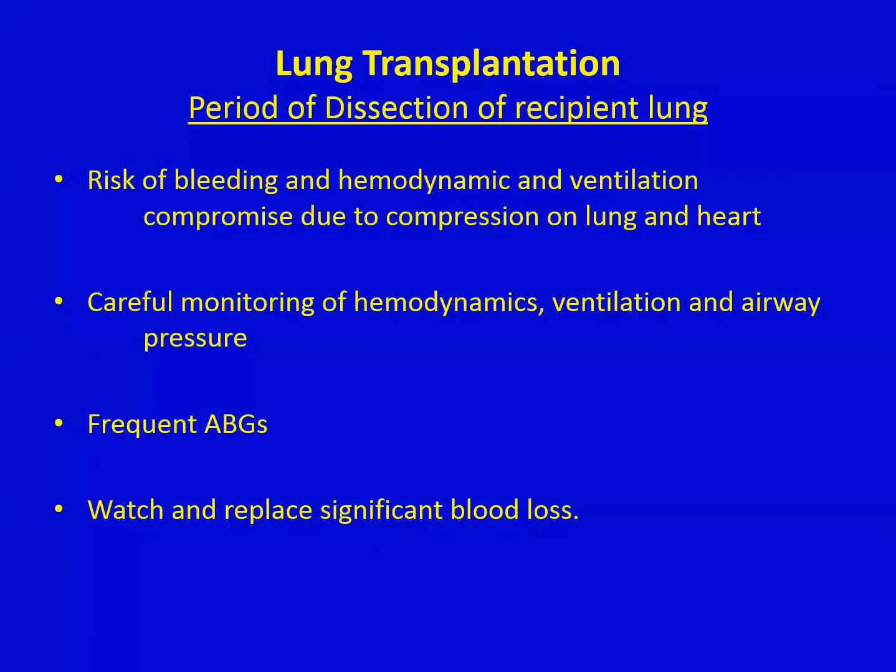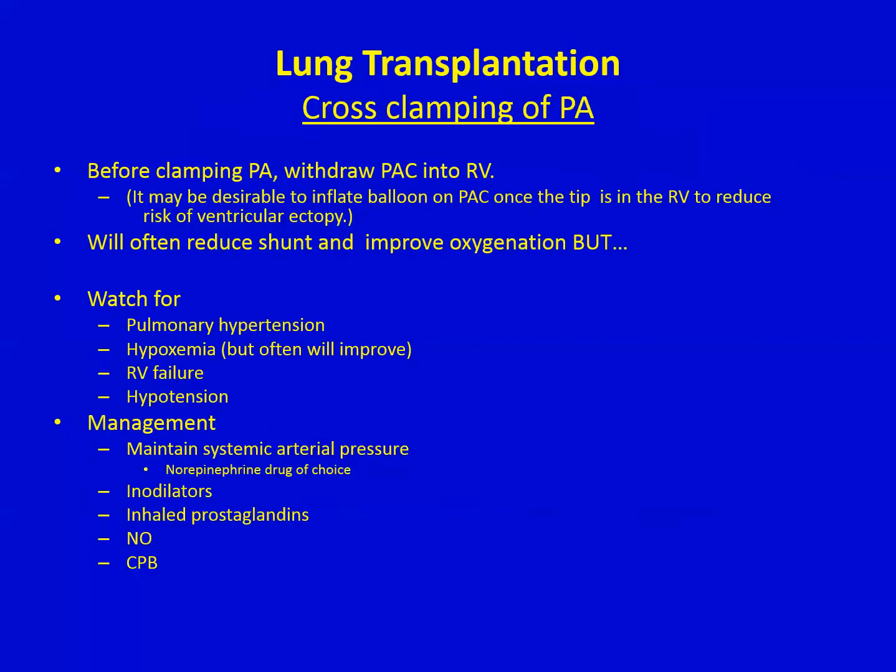During the period of dissection of the recipient lung, there is risk of bleeding and hemodynamic and ventilation compromise due to compression on the lung or heart. Thus, one must carefully monitor for hemodynamic, ventilation, and airway pressures, obtain frequent blood gas, and watch for and replace significant blood loss. The cross-clamping of the pulmonary artery is a time of potential problems. Before clamping, the pulmonary artery catheter should be withdrawn into the right ventricle.